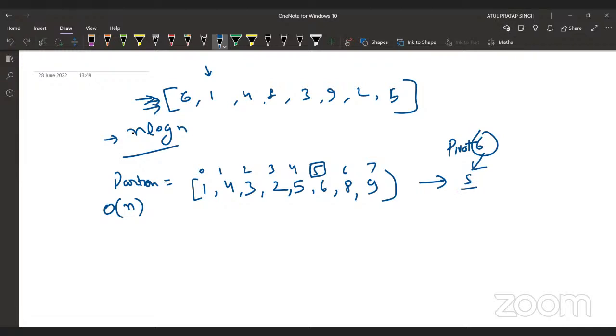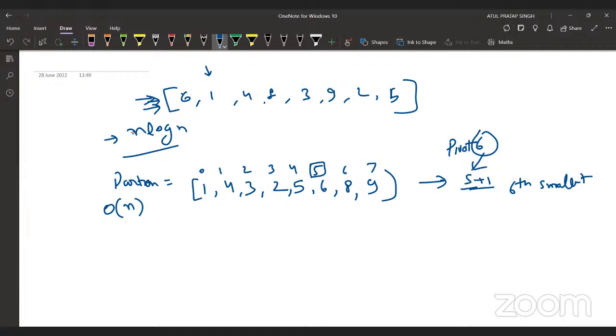This is an index actually. So we will add one to this index, and we can say that this is the sixth smallest element. In the sorted list, this is coming at the sixth position, not index, sixth position. So this is the sixth smallest element.